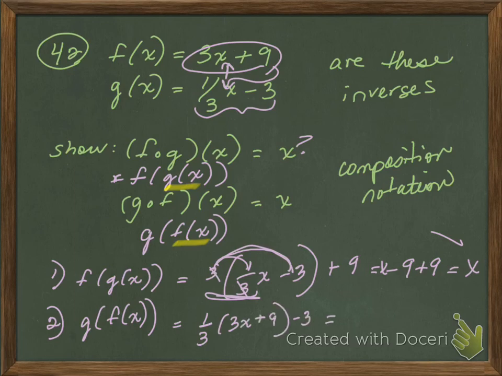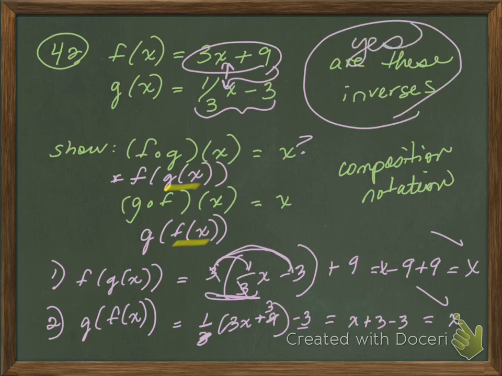Then we simplify. 1/3 of 3x, of course, is just x, and then 3 goes into 9 3 times. So we have x plus 3, then we have this minus 3 on the outside, and that equals x. So the answer to the question, are these inverses? You would say yes. If these had turned out to be anything but x, your answer would have been no.